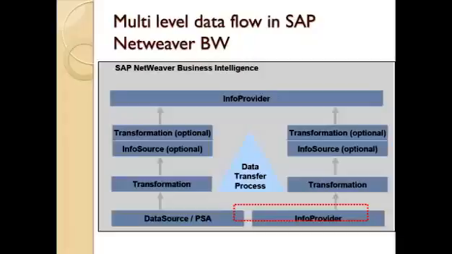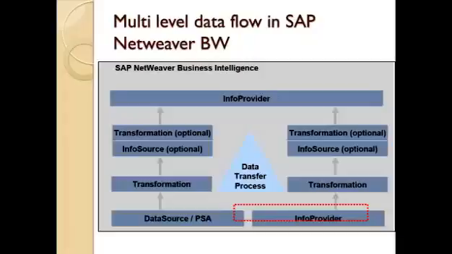But anyway, from one object to another, like from PSA to info provider, you need to have a transformation taking place first. So transformation is needed, and then after that, data can be loaded from PSA to the info provider using the DTP process, data transfer process, as I talked about earlier.